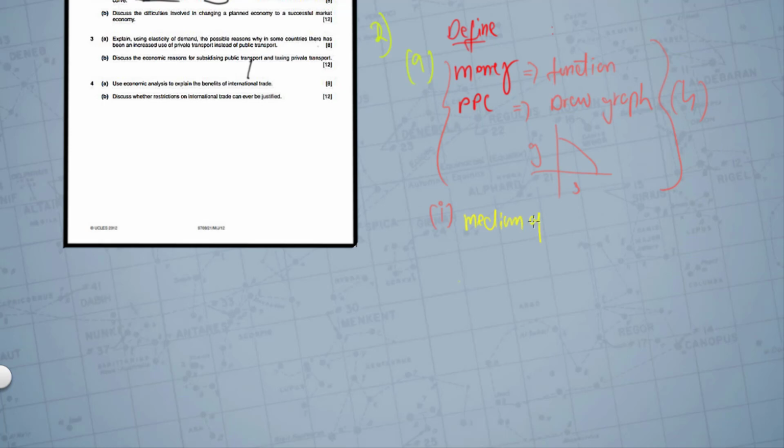Medium of exchange means it is used as something common to exchange stuff, a common denominator you can call it. Store of value in the sense that if I were to store $100 today, it would be able to buy the same value of goods as it would 10 years from now.